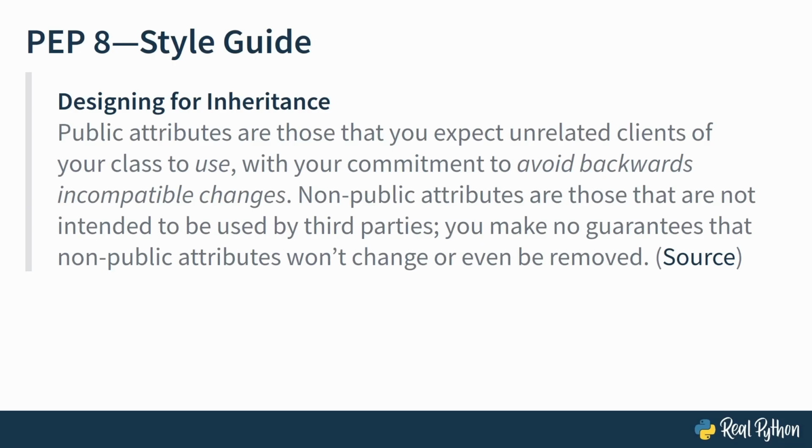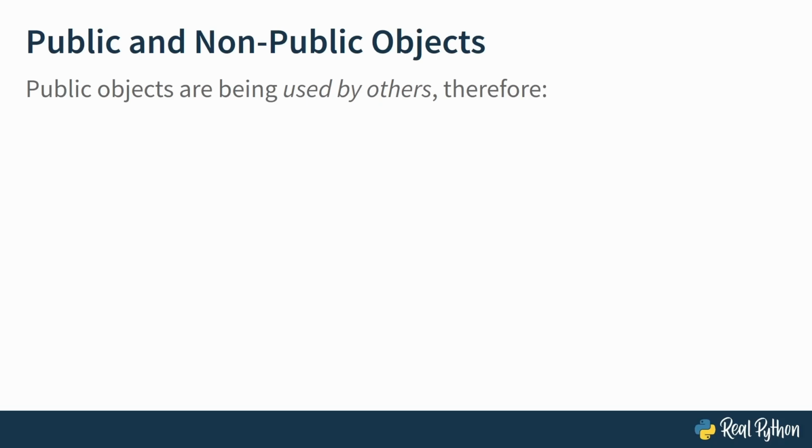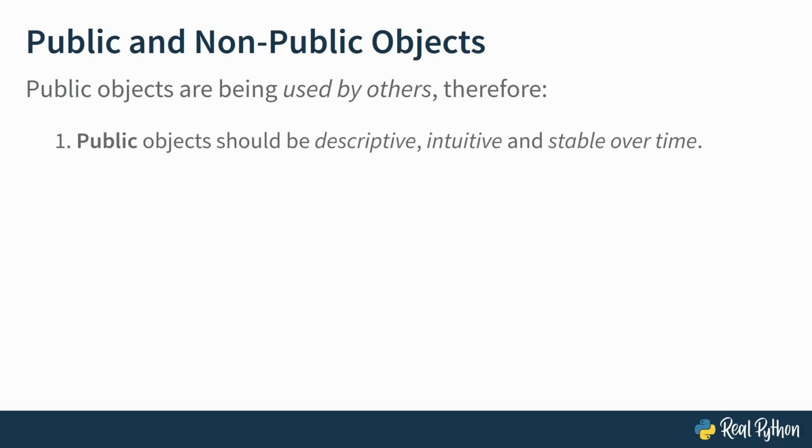So from this, what are the key takeaways? Public objects are being used by others. That is the key point, really. So public objects should be descriptive so that they are clear to the user. They should be intuitive, again, so that they are clear and stable over time. This is the backwards compatibility that the PEP was referring to. Public objects, therefore, need to be properly documented because they will be used by others, and it's important that others know what this function or this object actually does.